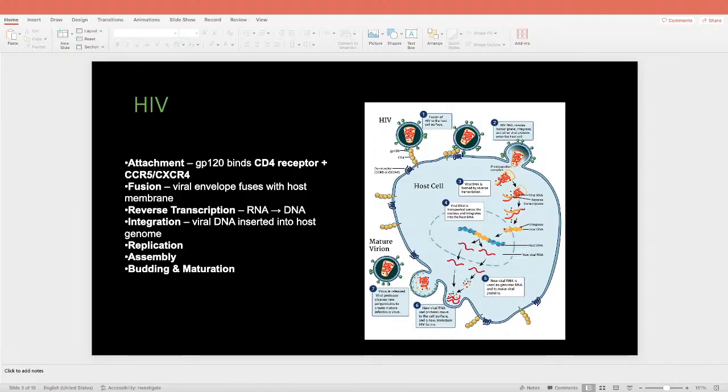And then that virus is going to program itself into the DNA. So the RNA is going to reverse transcribe to DNA, then infect the host DNA and create new viral RNA.